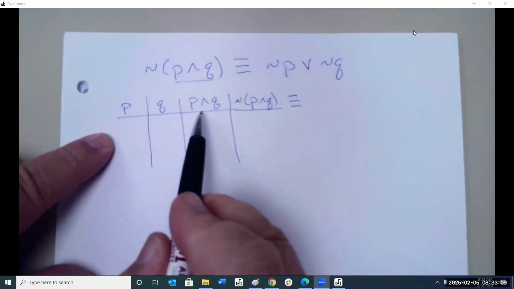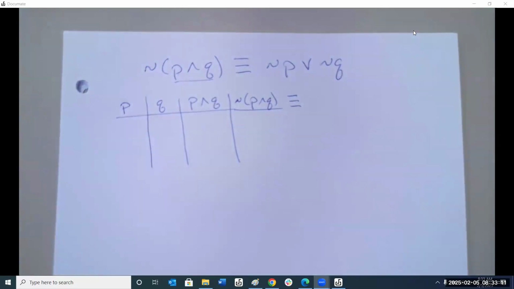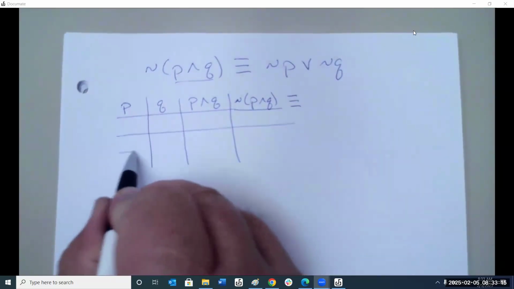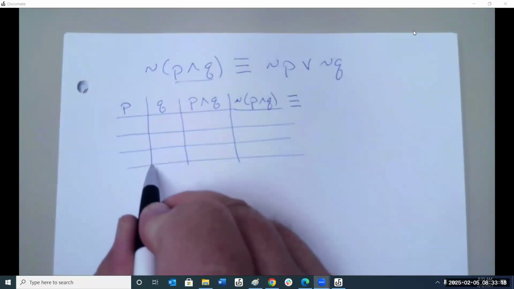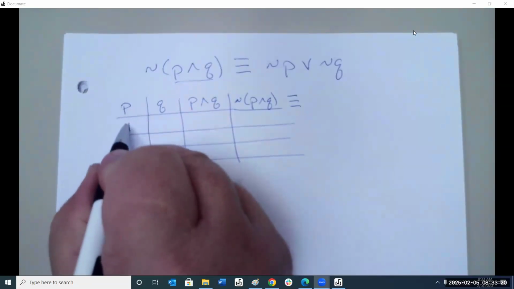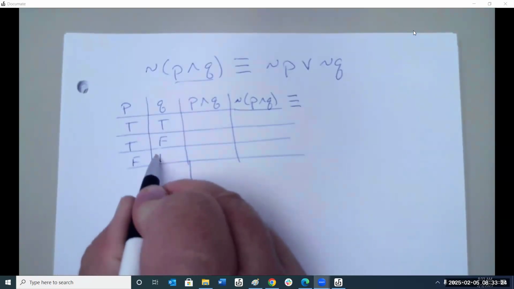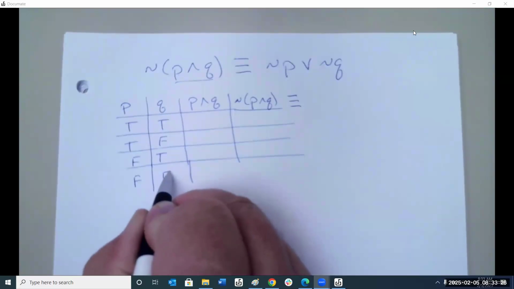You have to build your logic table. So we have true, true, true, false, false, true, false, false.